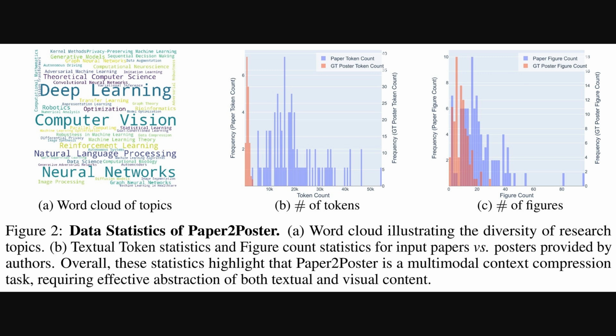Part B compares textual token counts, showing input papers in blue typically have many more tokens than the author-provided posters in red. And similarly, Part C shows the distribution of figure counts. Again, papers usually contain significantly more figures. These statistics really highlight that Paper2Poster is a multimodal context compression task.